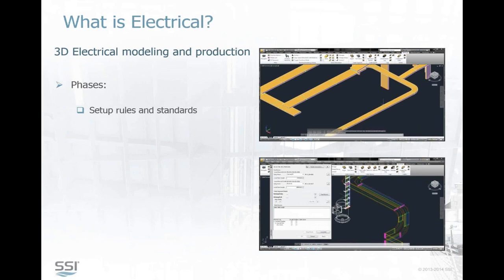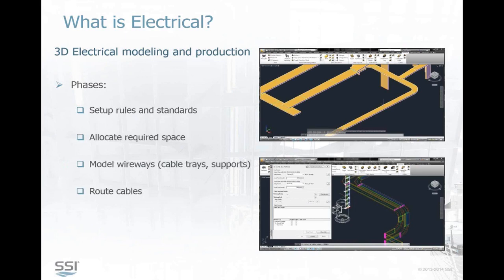We'll go through this during the demonstrations, but there are various phases to using Electrical. Set up the rules and standards, allocate the required space for the electrical and the cableways, model the wireways, cable trays and supports, etc. Finally, route the cables and inspect those results, and finally produce the production output for the installers.